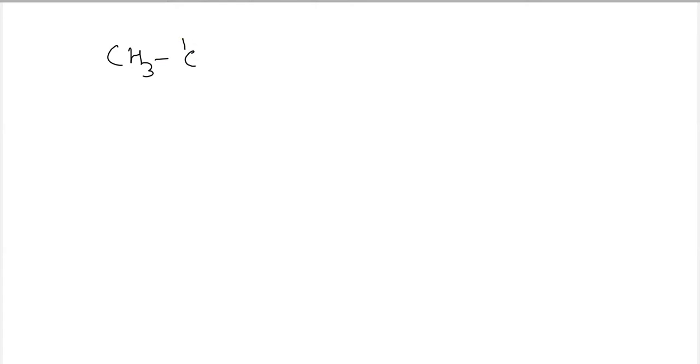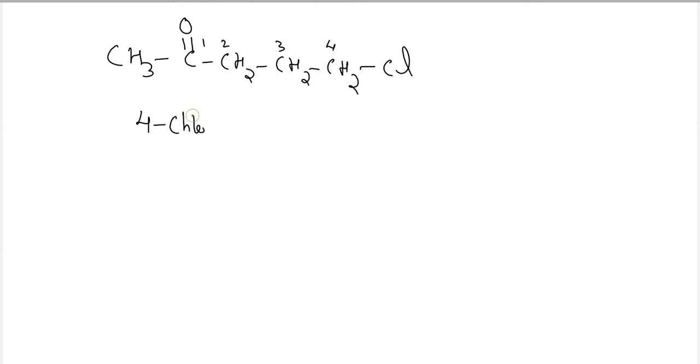CH3, C double bond O, CH2, CH2, CH2, Cl. Okay. So here the name of this compound, the longest chain 1, 2, 3, 4. Sorry, it is a ketone group, so the numbering will start from the last carbon atom only. I have given the wrong numbering here.